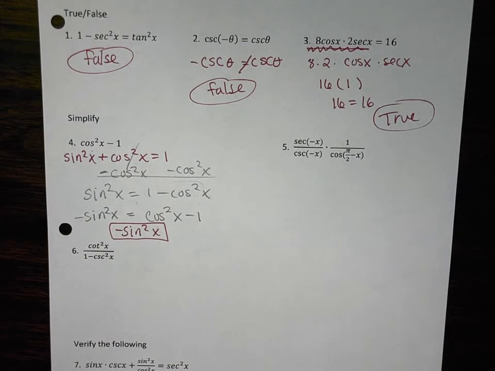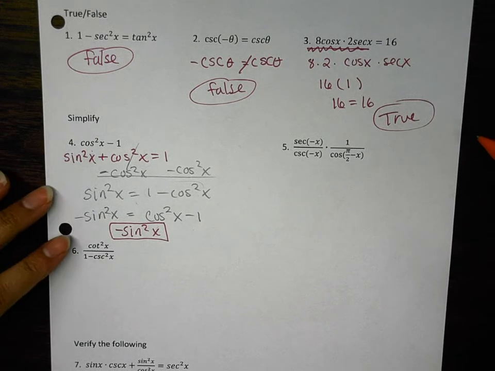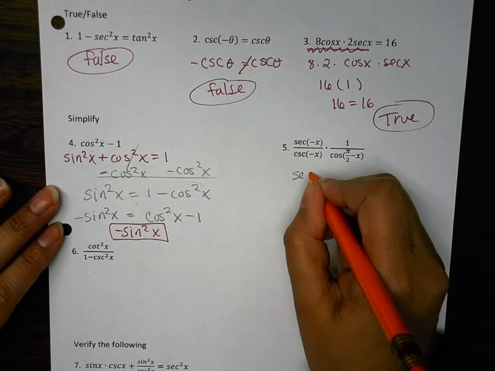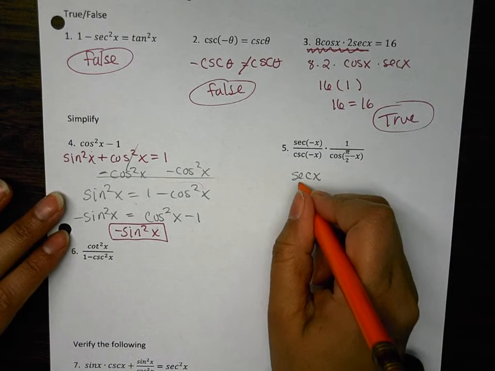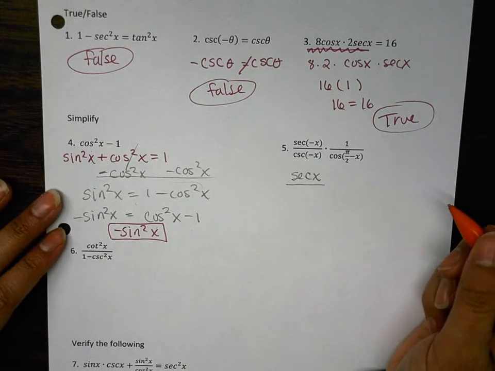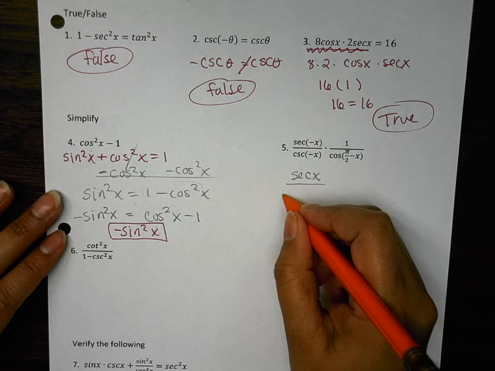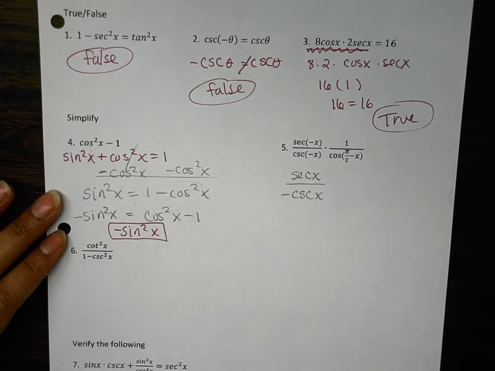Okay, next one. Secant of negative x. What does secant do with the negative? It absorbs it, because secant's the reciprocal of cosine. It doesn't change to cosine, it stays secant. It just absorbs the negative. Cosecant's the reciprocal of sine, so what does cosecant do with it? Kicks it to the front again, but it stays cosecant.